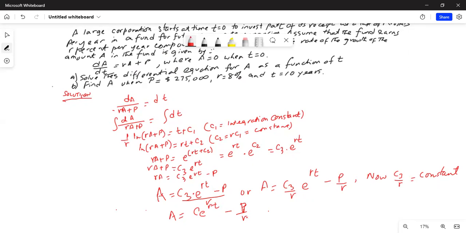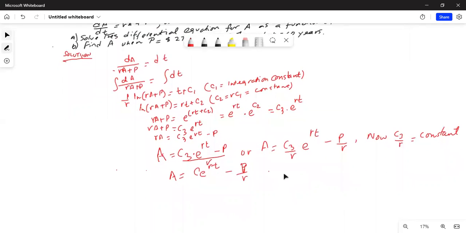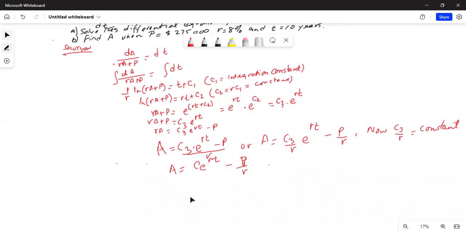Also, we have been told A is equal to 0 when t is equal to 0.